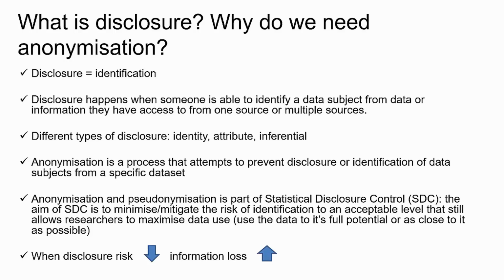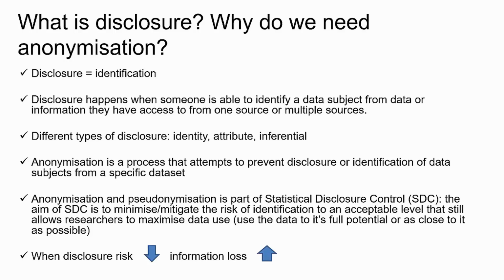But for today's presentation, it's best if you just think of it as primary and secondary disclosure. Primary disclosure is where you can clearly identify someone from one data source.